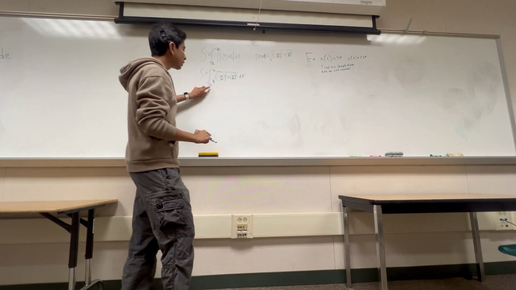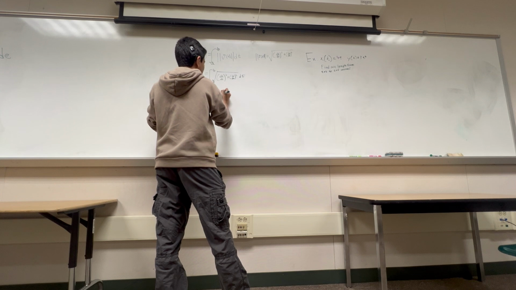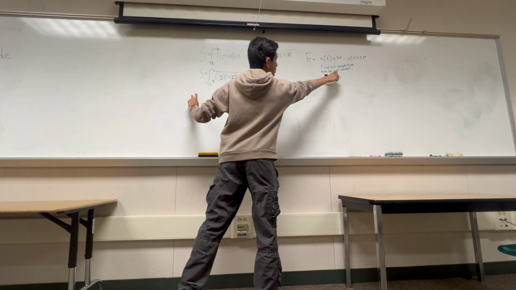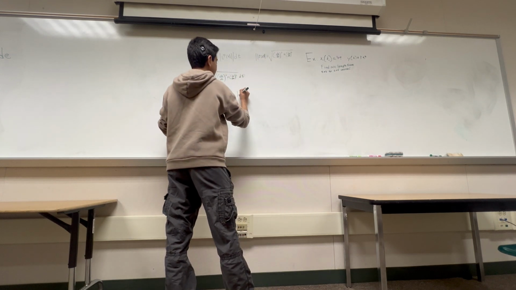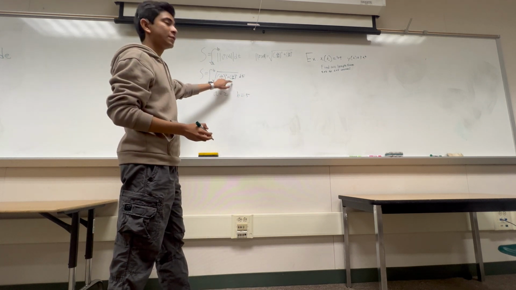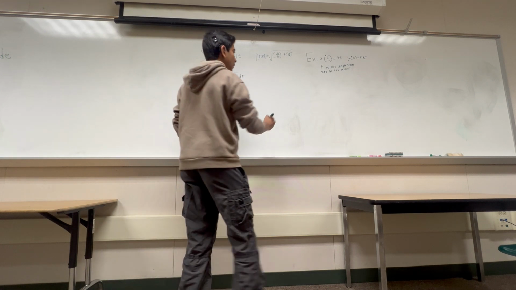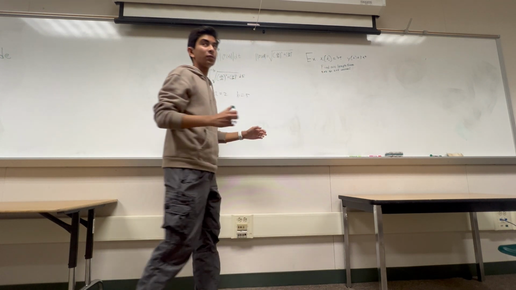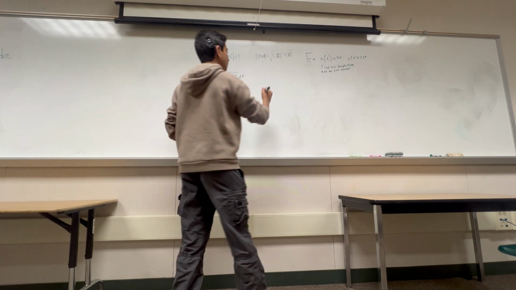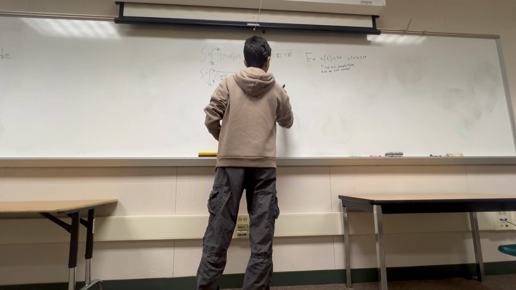Now we have x of t equals 4t and y of t equals 3t squared. We need to find the arc length from t equals 2 to t equals 5 seconds. So let's integrate this. We know a is equal to 2, and b is equal to 5. We know x of t and y of t, so we can use them to find dx over dt and dy over dt. The derivative of x of t is 4, so dx over dt equals 4.